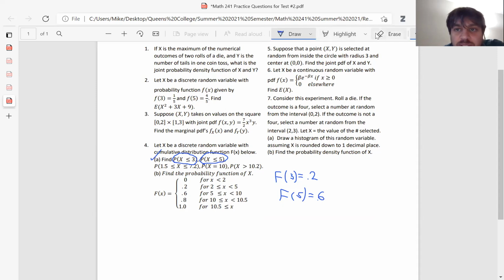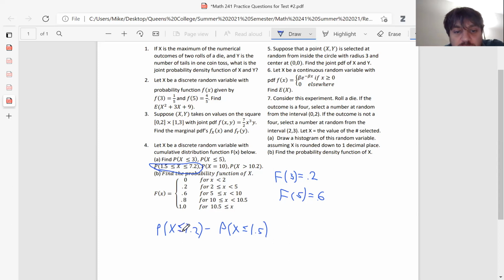Now the probability that x is somewhere between those two values is the same as the probability that x is less than or equal to 7.2 minus the probability that x is less than or equal to 1.5, ignoring whether it includes the endpoints.